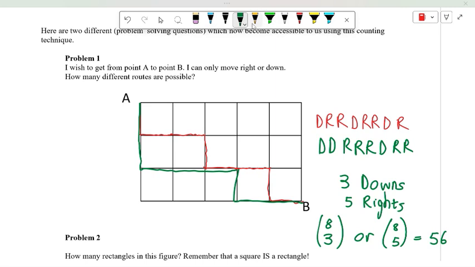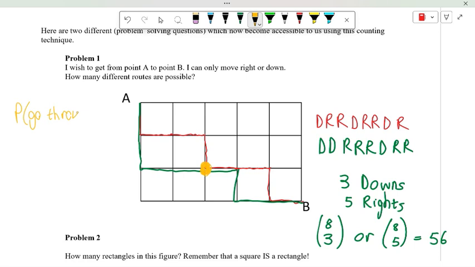It gets messy. Now I added in a bonus question here: of all those 56, what's the probability that my path goes through this orange dot?